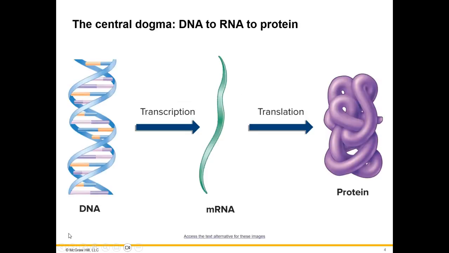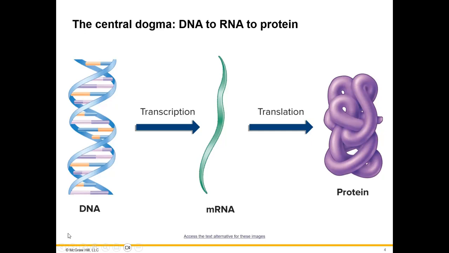Those two separate processes are called transcription and translation. So whenever we're taking the information in our DNA and creating an RNA copy, that's transcription. Whenever we're taking that RNA and using it as the instructions to make a protein, that's translation.